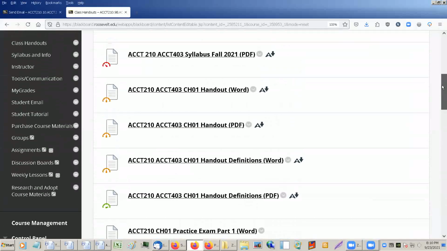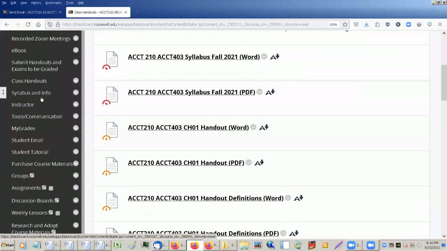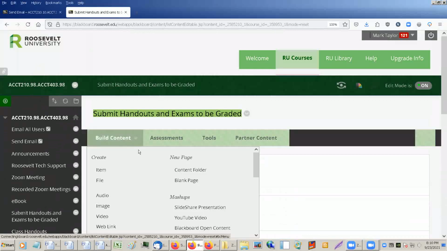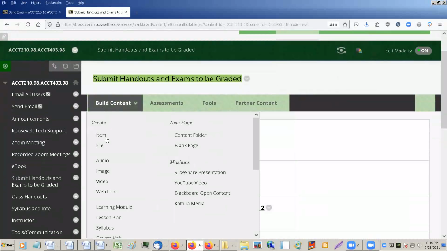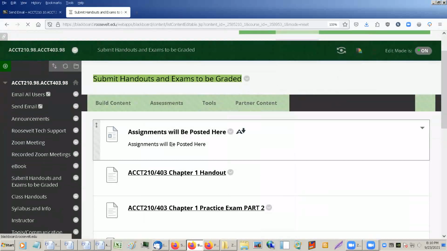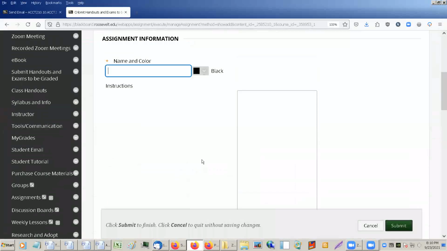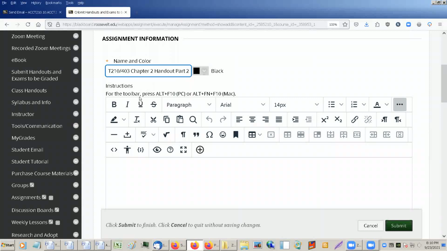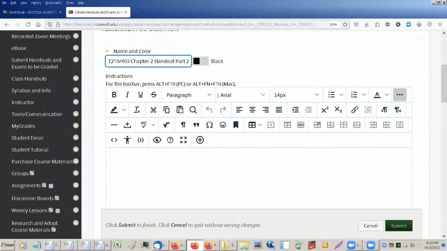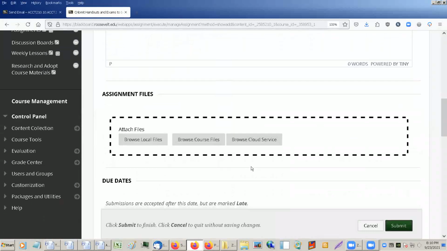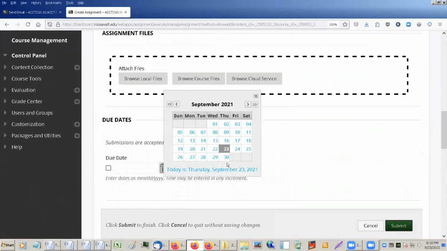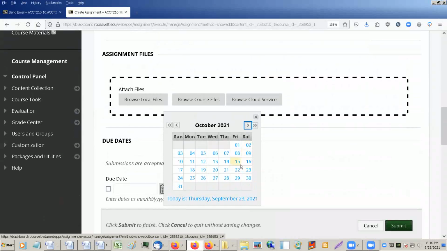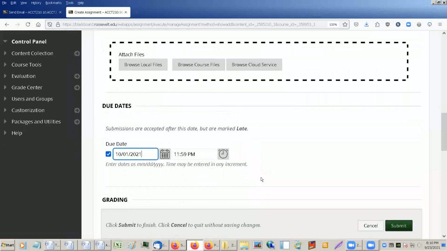This is putting it in: submit handouts here. Chapter 2 handout part 2. The due date will be maybe Friday at the end of next week, so the due date will be October 1st.